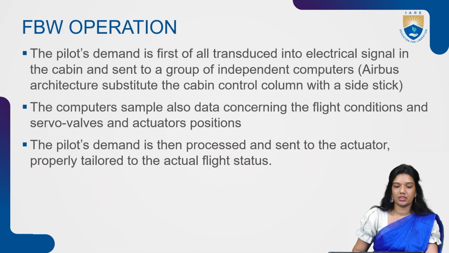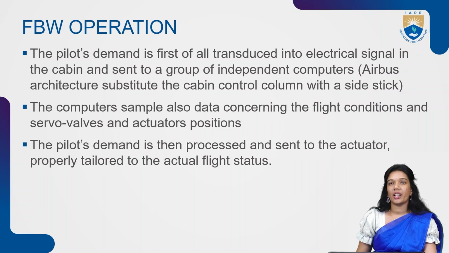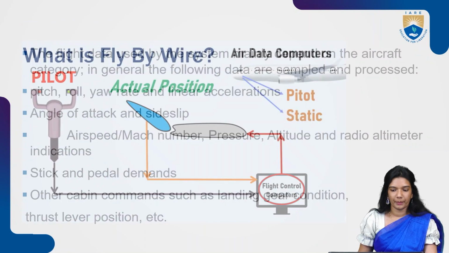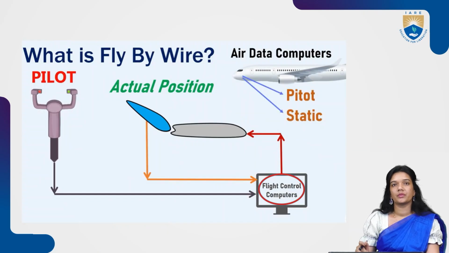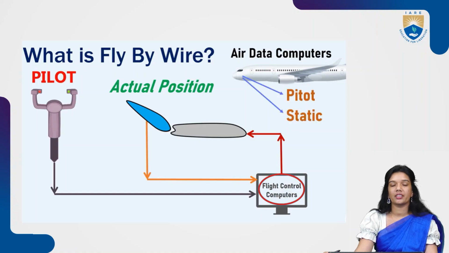This is completely based on a computer signaling process. Now the operation. What happens in the fly-by-wire system is, suppose an output is required from an elevator. There needs to be a deflection in the control surfaces so that you have a pitch up or pitch down movement.